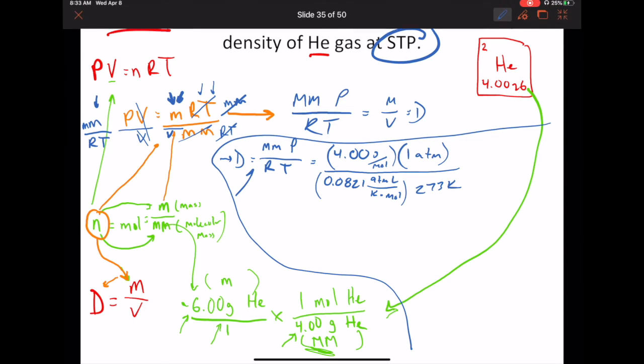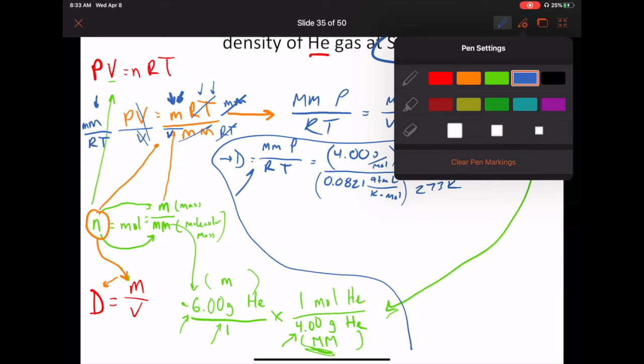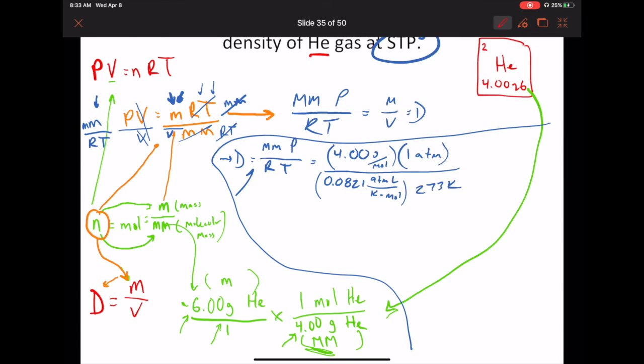So all that's good. Next up, we need to start canceling some things out. First of all, there's atm up here and atm down here. There's Kelvin, and then the moles. Now the moles look a little funky. Remember, when you're dividing and then dividing again, the moles here would get flipped all the way to the top.